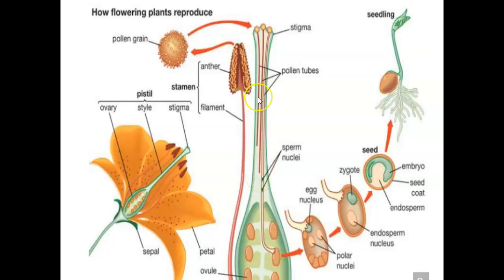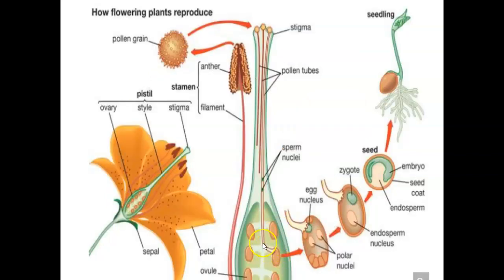And then inside of those pollen tubes, sperm cells make their way down from the pollen, down those tubes until they reach an egg. So the pollen tube is going to come down and meet up with an egg in the ovary. Or sometimes those eggs are referred to as ovules.